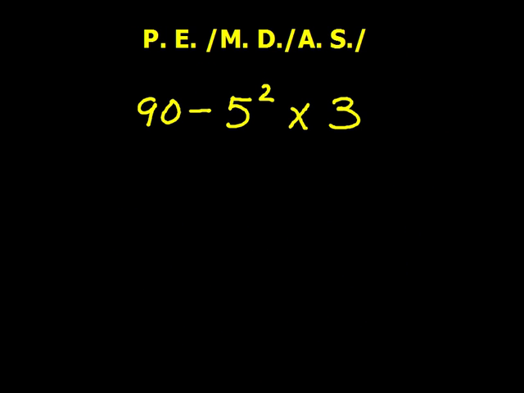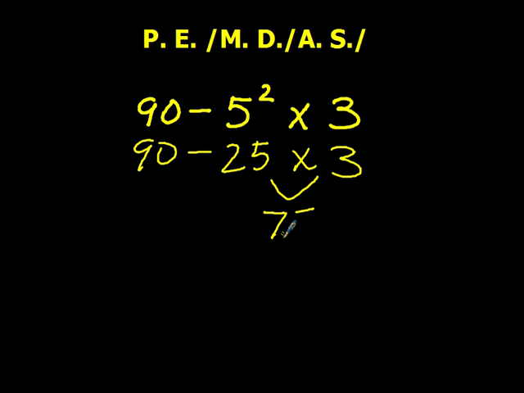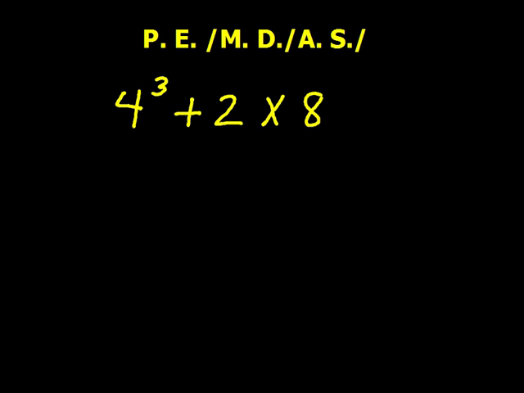Another example using some exponents. We have 25 times 3. Over here we have 75, 90. 90 minus 75 is 15. And now we have our first one that's cubed, so we can actually write that out. Some people find it to be a little bit more helpful.